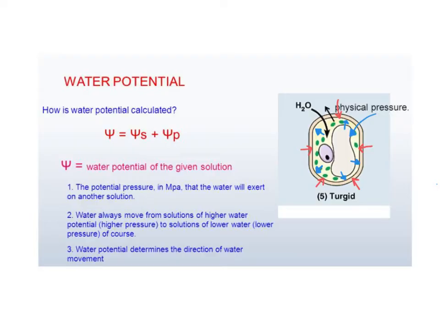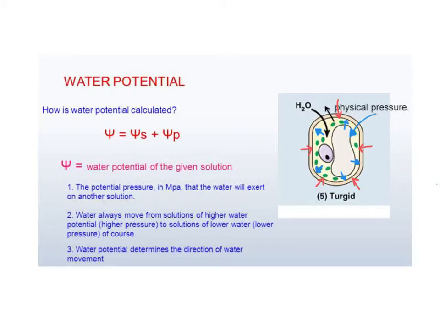Water potential can be calculated by adding the solute potential and the pressure potential. This Greek letter right here that kind of looks like a pitchfork is the Greek letter psi, P-S-I, and that represents your water potential. So your water potential is equal to the solute potential plus the pressure potential.